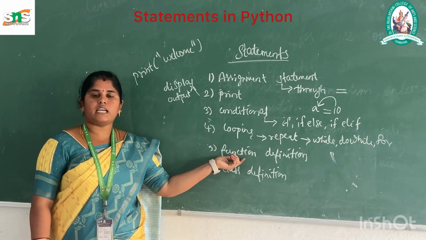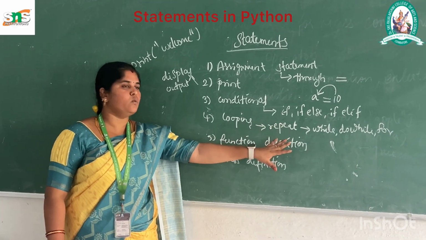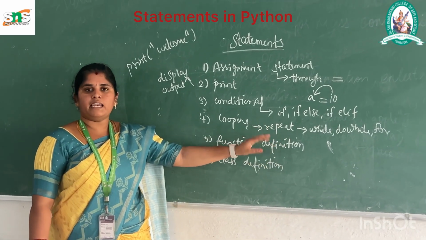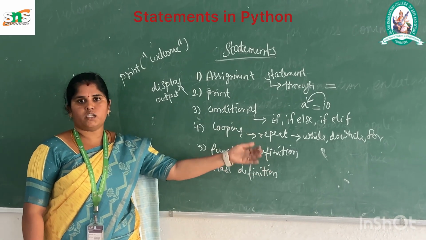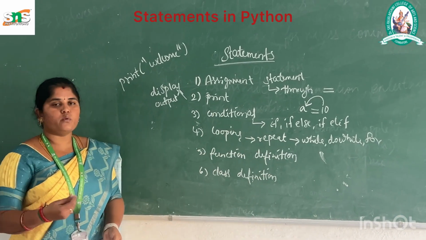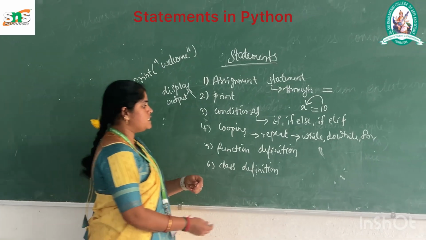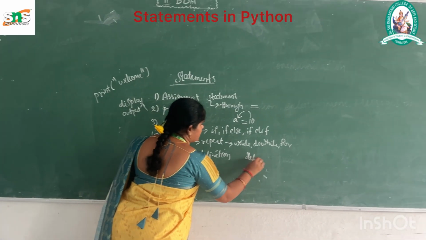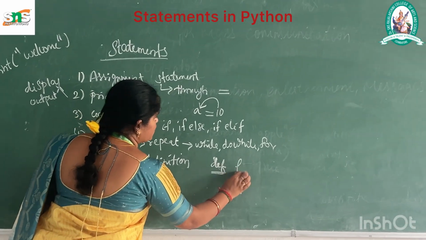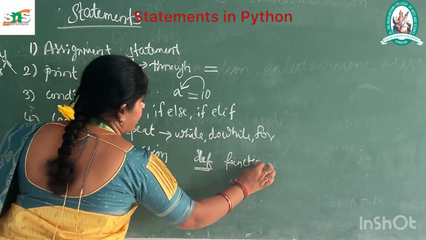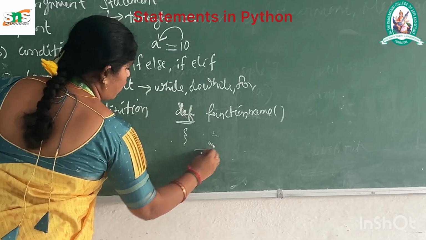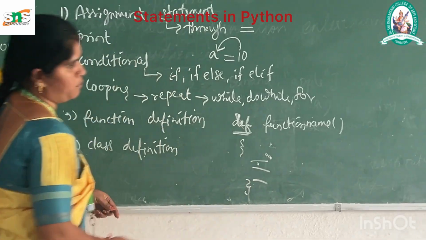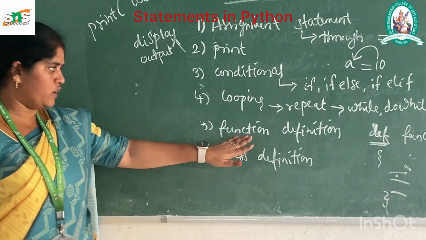So the particular function is written one time, and whenever I need to perform that function, I call it. We define a function through the def statement: def, then the function name, and then I include the statements it will perform. This is the syntax for function definition.